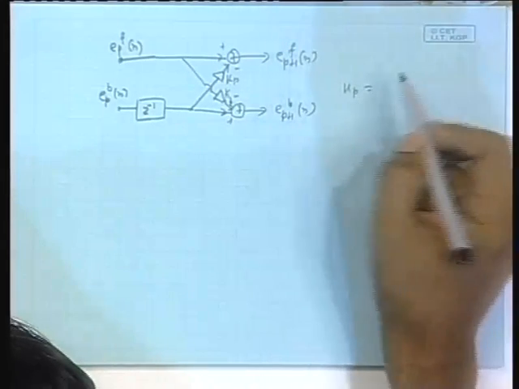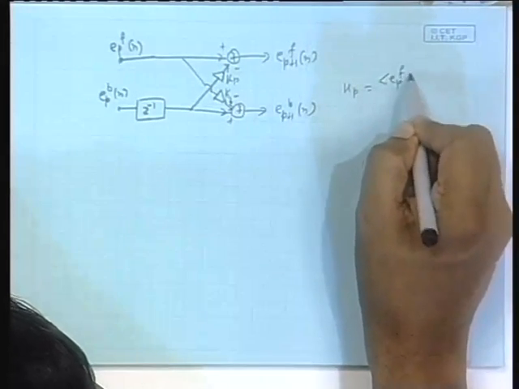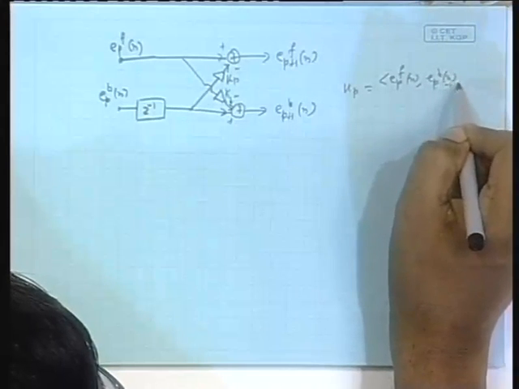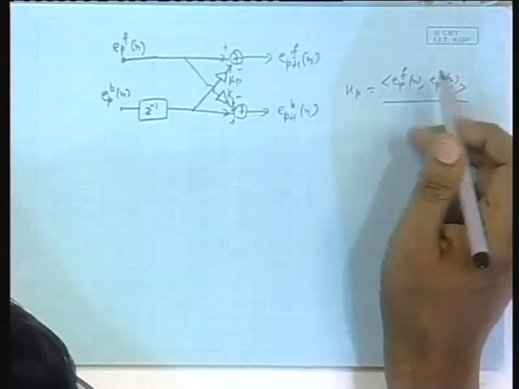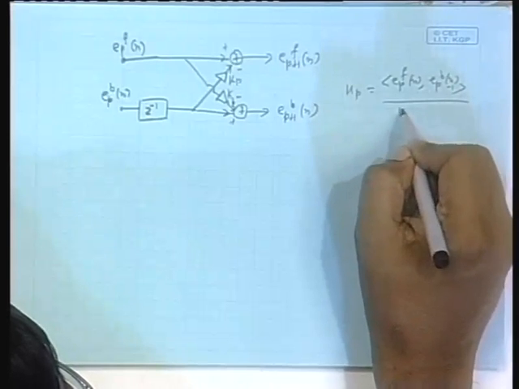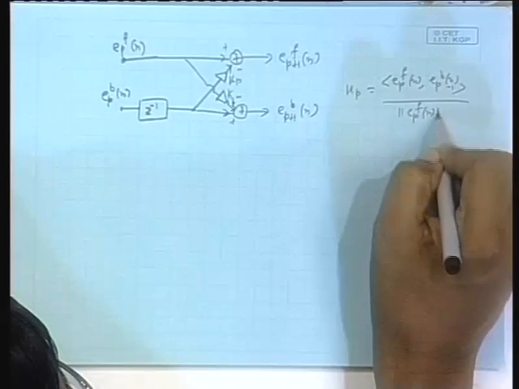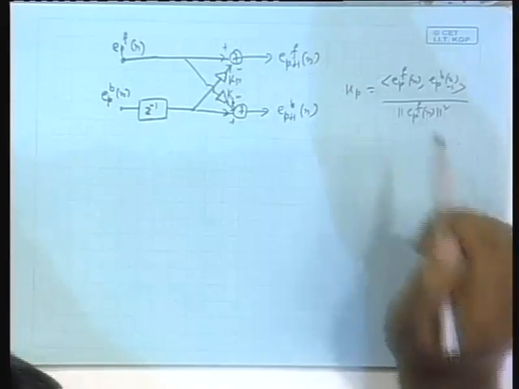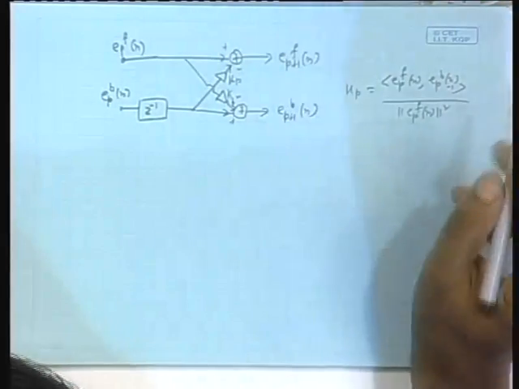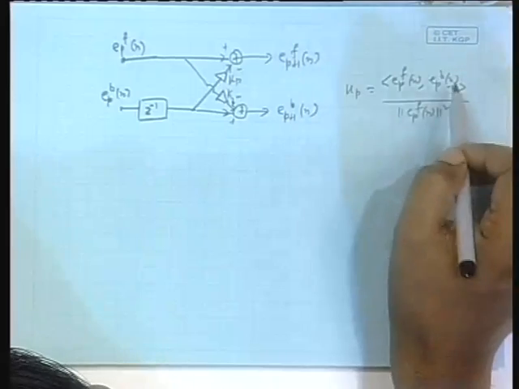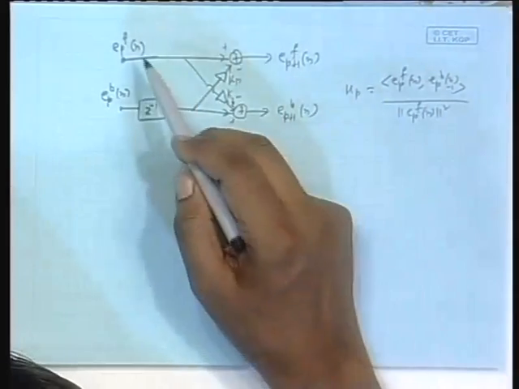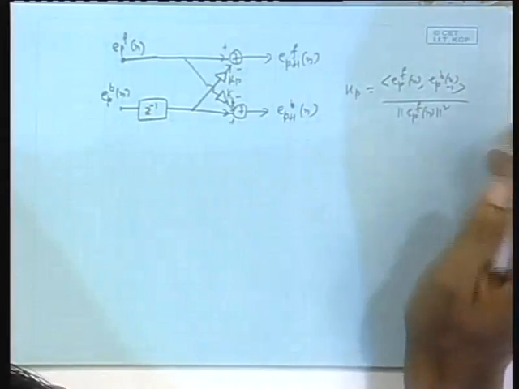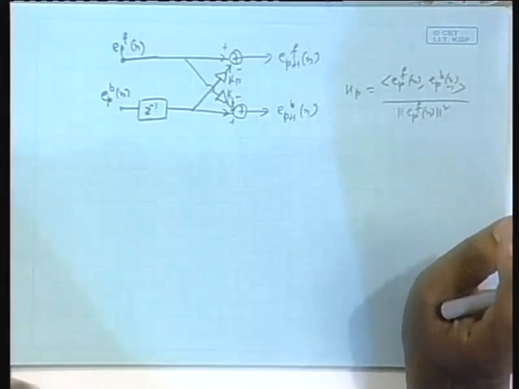So Kp was this, we all know: the correlation of EPF n and EPB n minus 1, divided by any of the two, both are same, EPF n square or EPB n minus 1 norm square. This is Kp. To construct this lattice stage you need Kp, and that means you need to know the correlation between these two prediction errors as given in the numerator and the variance of any of them as given in the denominator.